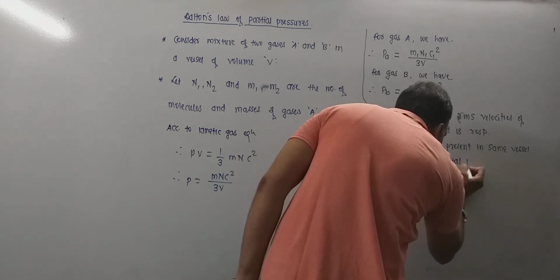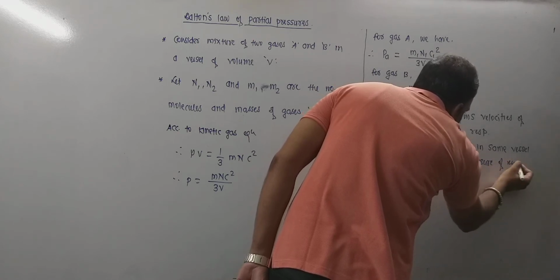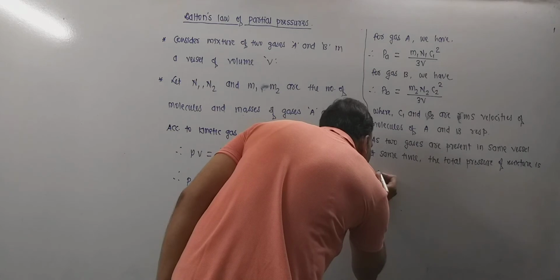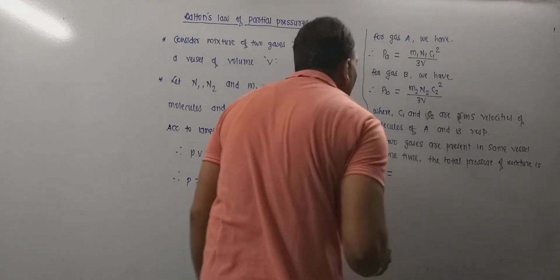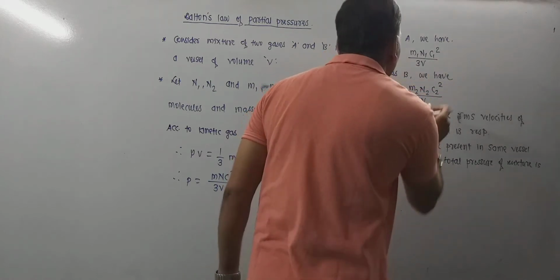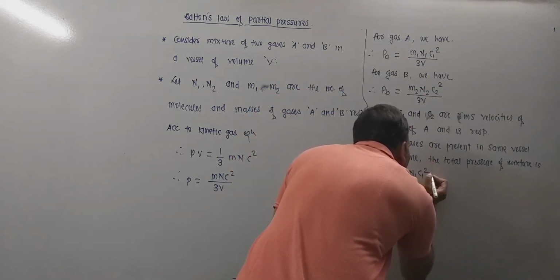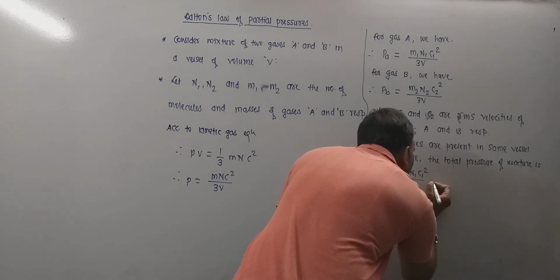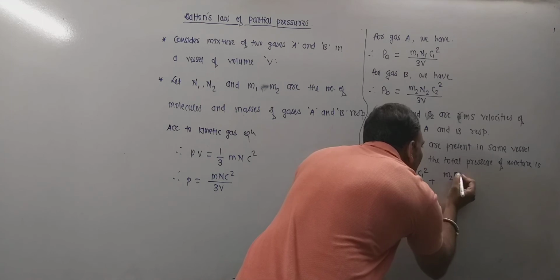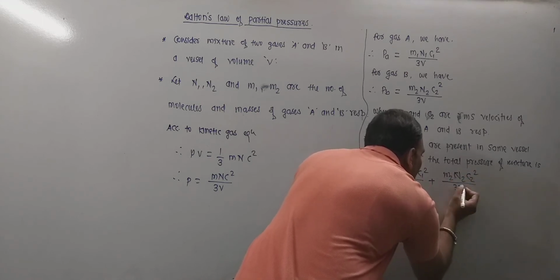So the total pressure of the mixture, how can this be given? P equals the sum of these two, means this plus this. So M1 N1 C1 square by 3V plus M2 N2 C2 square by 3V.